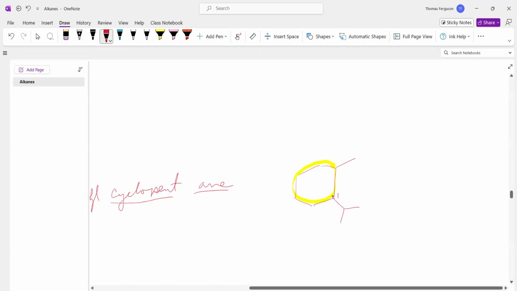But there's still two ways to do this. That's one way. The other way is to start with the methyl group instead of the isopropyl group being number one.